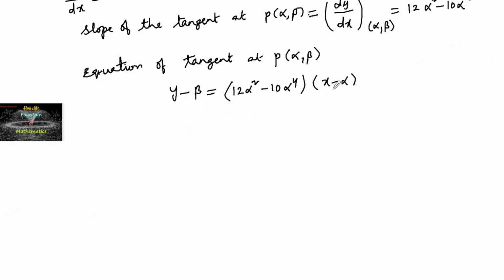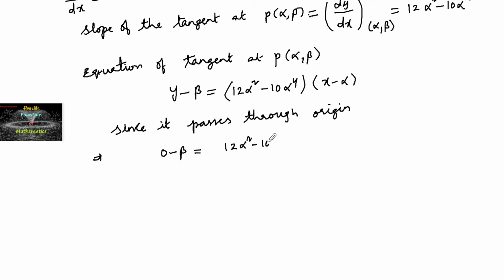Since it passes through the origin, we get 0 minus beta is equal to (12 alpha^2 minus 10 alpha^4) times (0 minus alpha), or beta is equal to 12 alpha^3 minus 10 alpha^5.